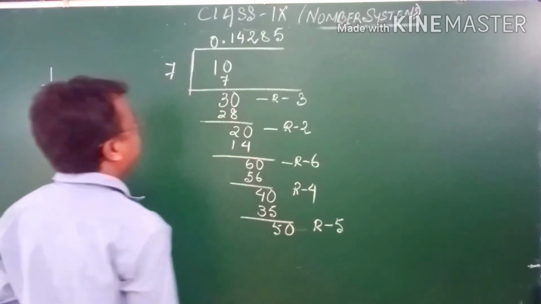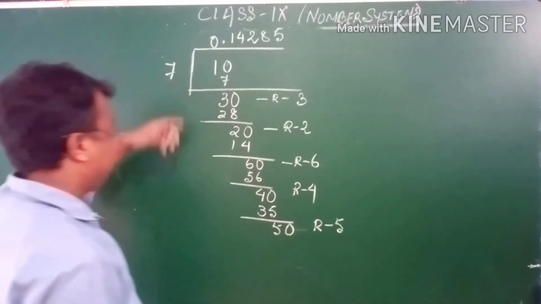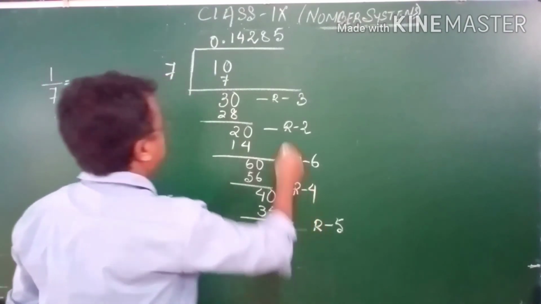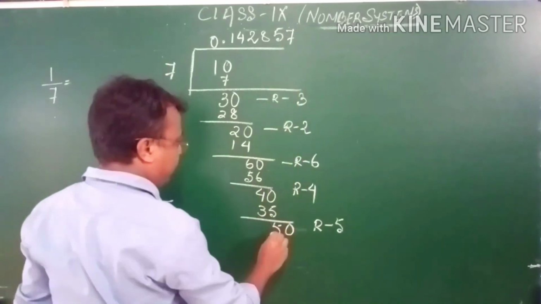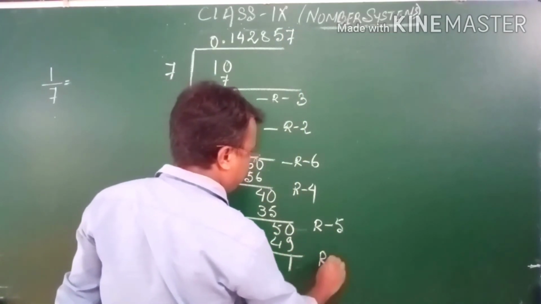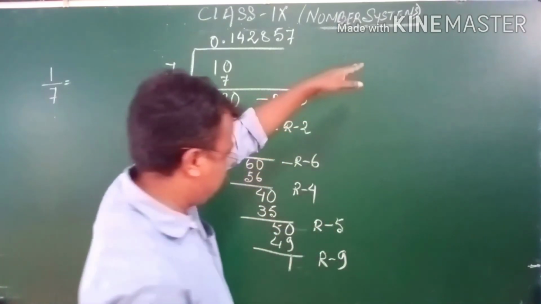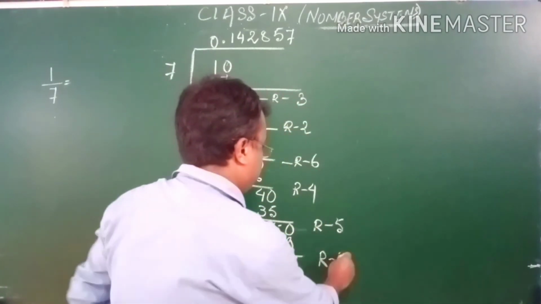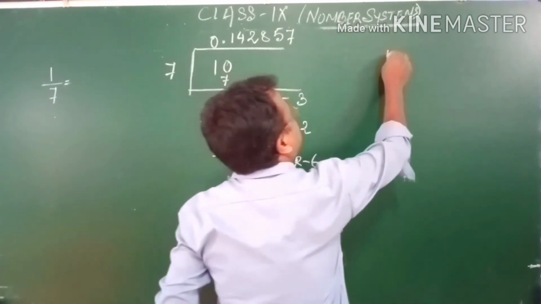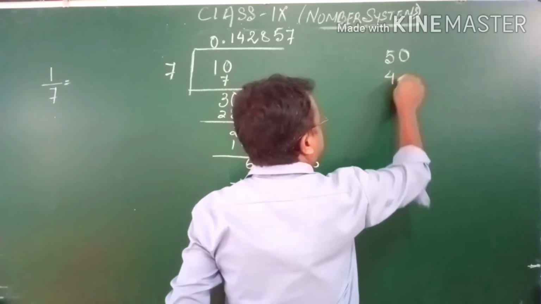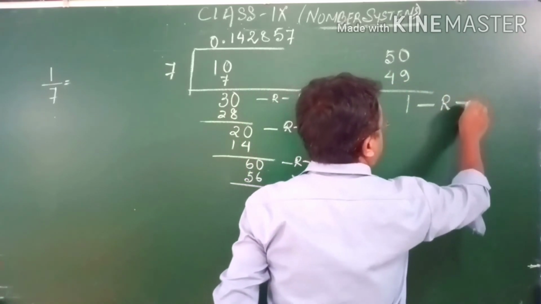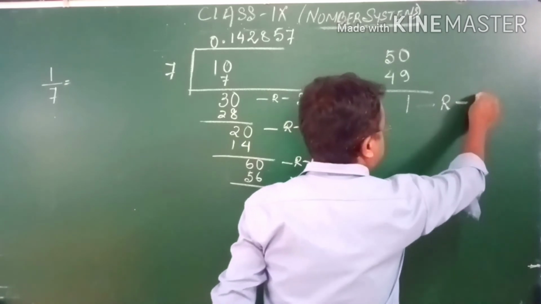So 50. 7 7s are 49, so 10 minus 9 is 1. The remainder is 1.